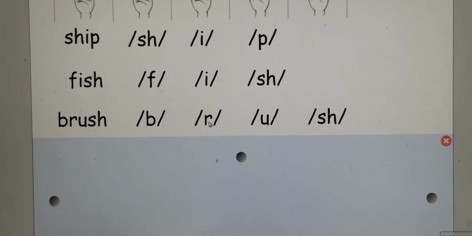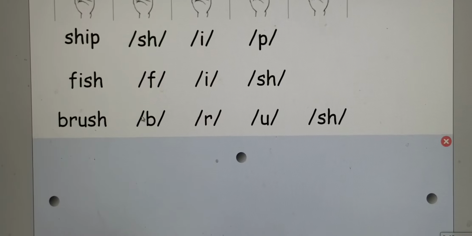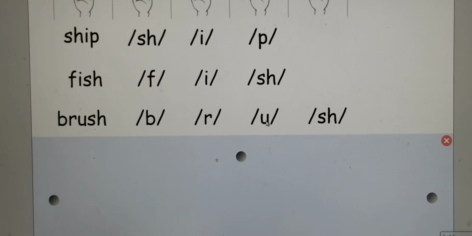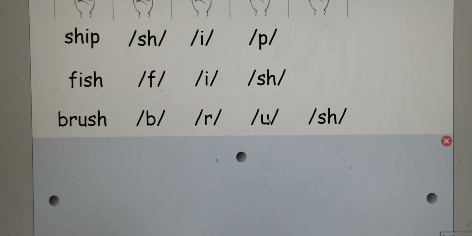That's right. So we have b, br. Now everybody remembers this sound, right? You know what letter that is. That's right, U. And what sound does it make? Great, boys and girls.